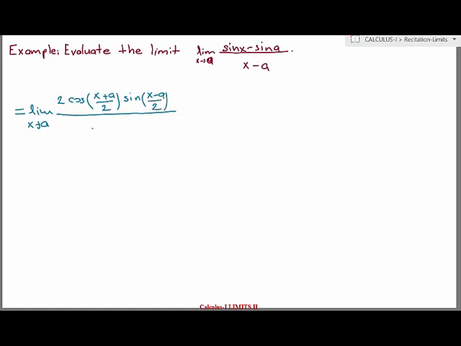We have x minus a in the denominator of the expression. You may wonder, how do we get this trigonometric identity? Let me explain.